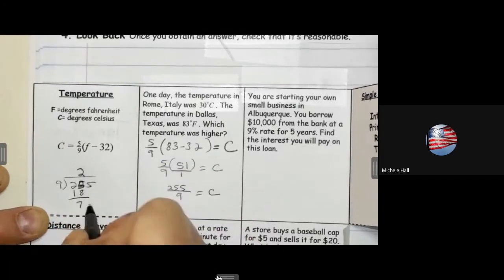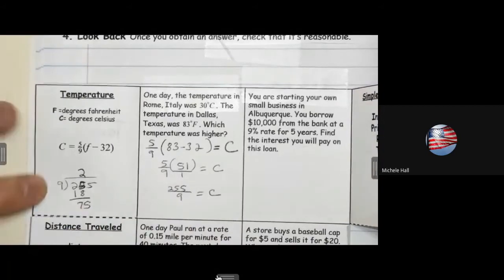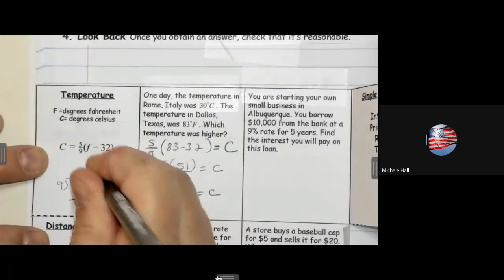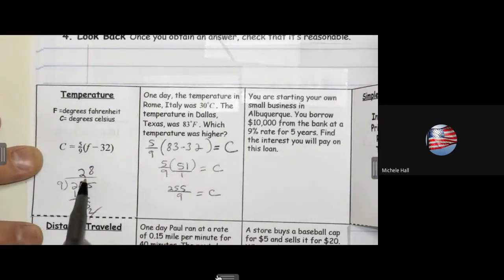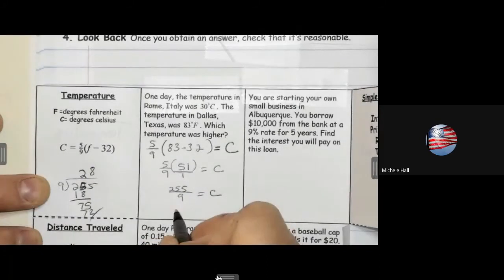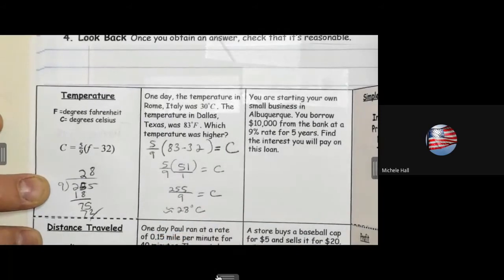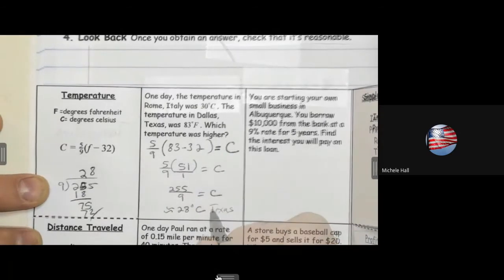Good. It's smaller than the 9. And then 9 into 75 would be 8, or 72. So that's all I really need right there. I can stop because it's going to be 28 point something. 28 approximately. 28 degrees Celsius for Texas. Which temperature was higher? That would be Italy.